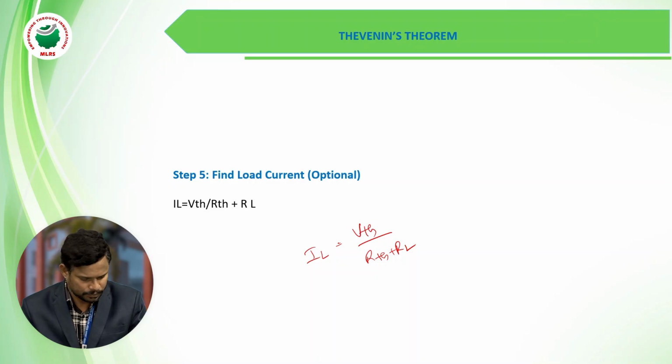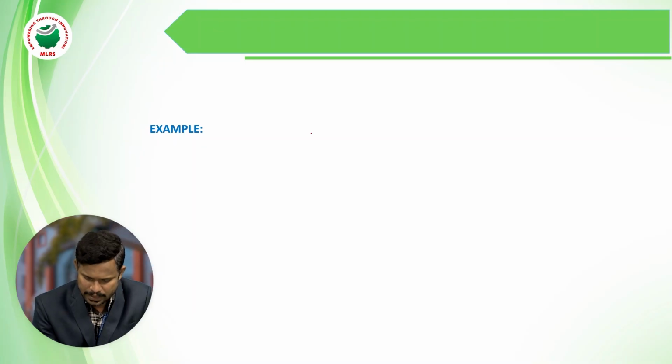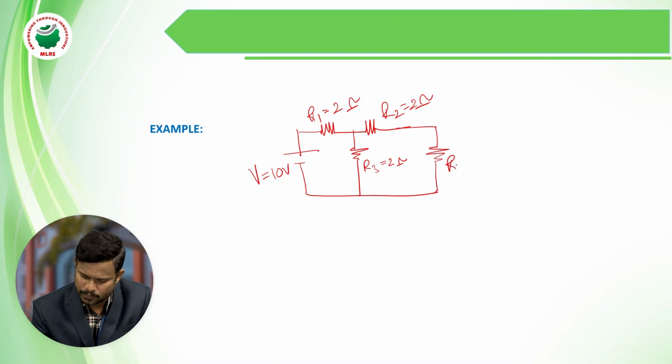For example, the given circuit is: here V equal to 10 volts, voltage source value is 10 volts, and R1 is 2 ohms, R2 is 2 ohms, and R3 also 2 ohms, and load resistor RL value is 2 ohms.